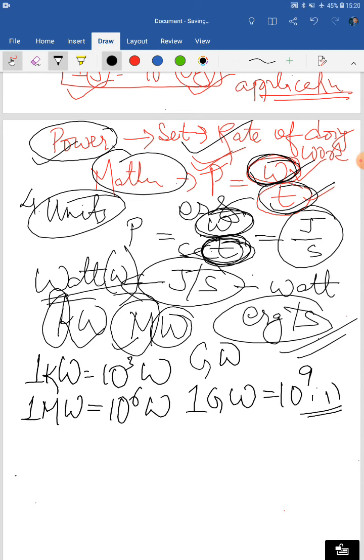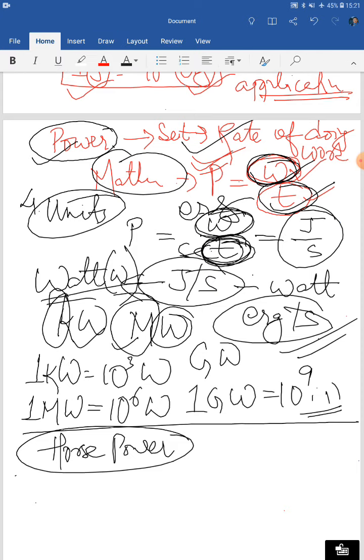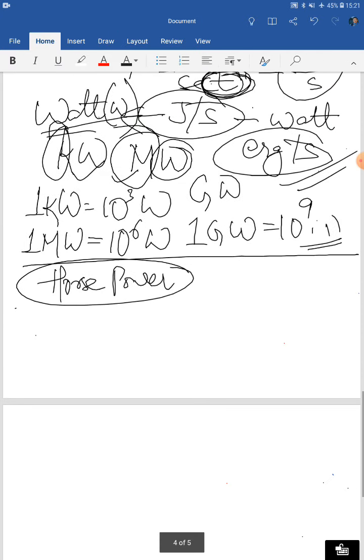Understand? Is that clear? Now apart from this, you also have one more unit of power, which is called horsepower. Understand, this was used in earlier days when we had horses. They used to measure it as the power equal to one horse.